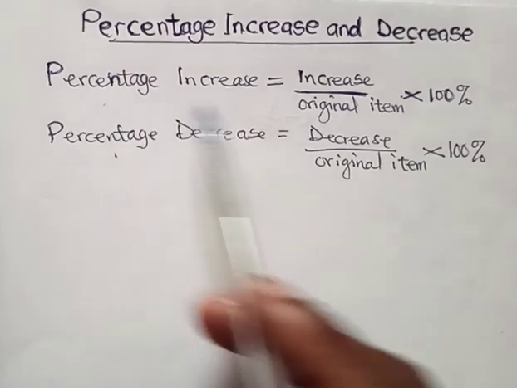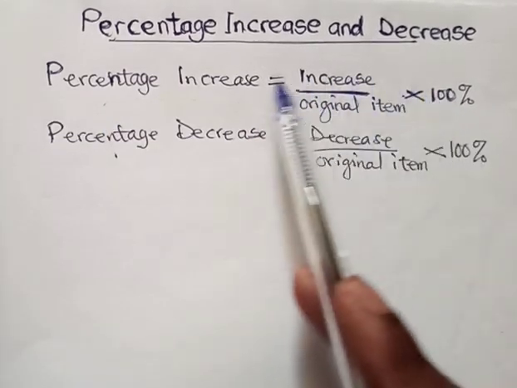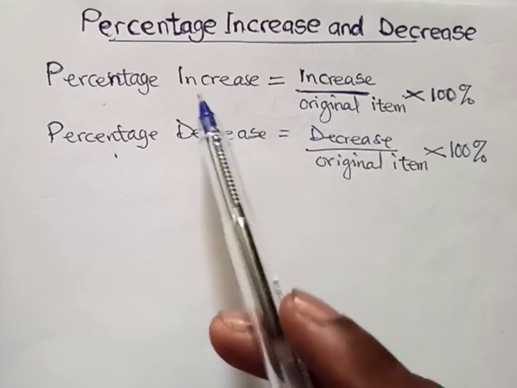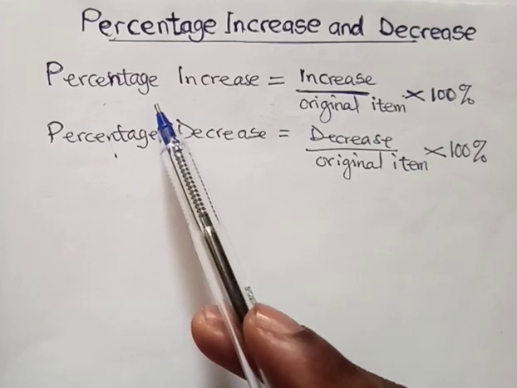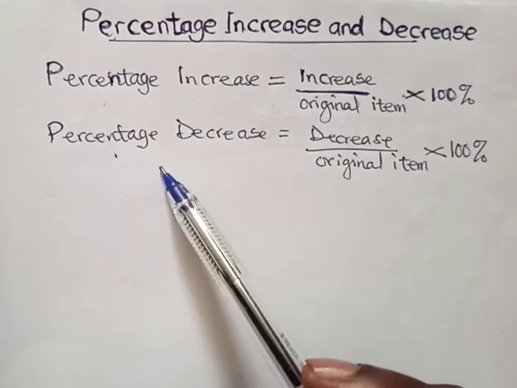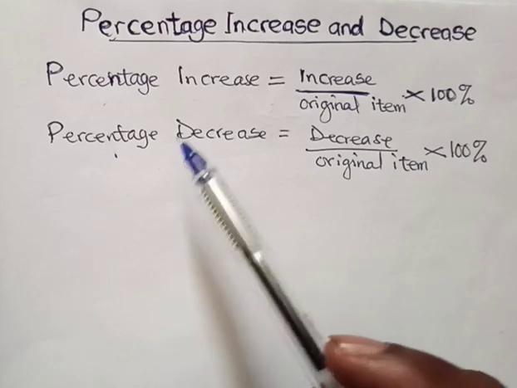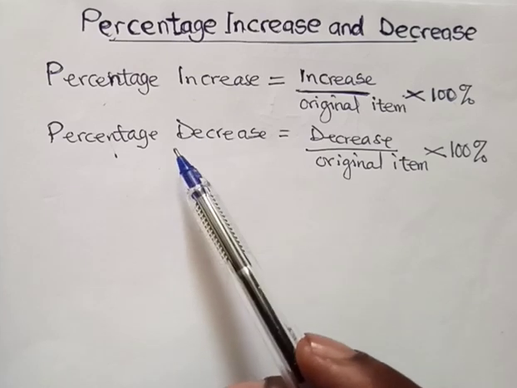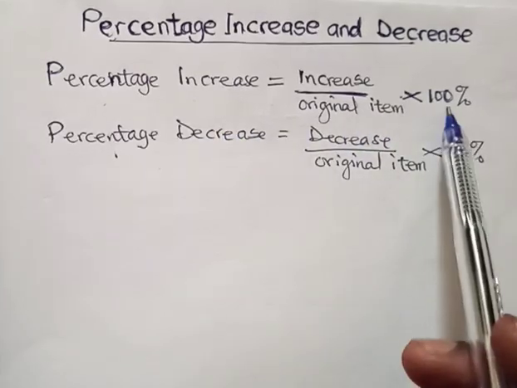So you see that I've given you a formula for finding this. In the question, when you are asked to find the percentage increase or the percentage decrease, whenever you are given certain values, this is how you go about it.